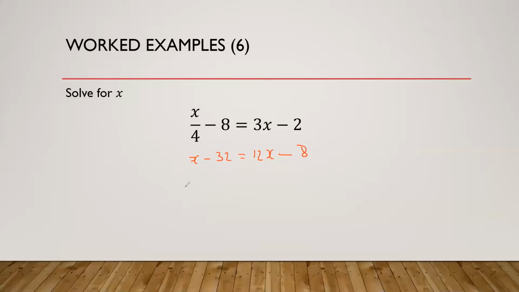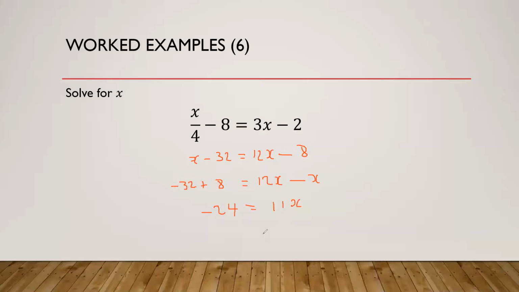So now this gives me minus 32 plus 8 is equal to 12x minus x. Minus 32 plus 8 is minus 24. 12x minus x is 11x.